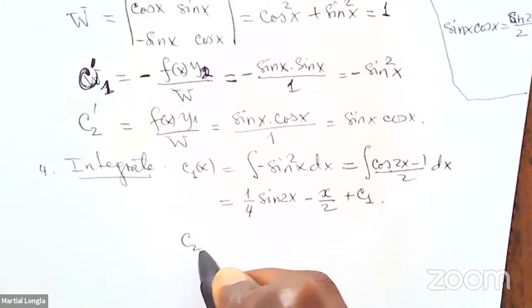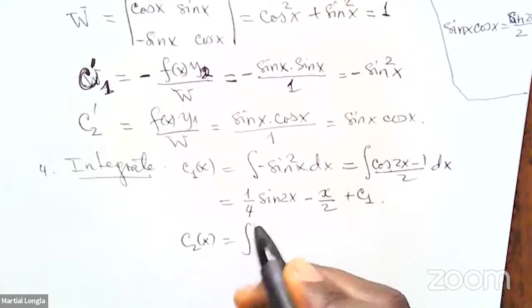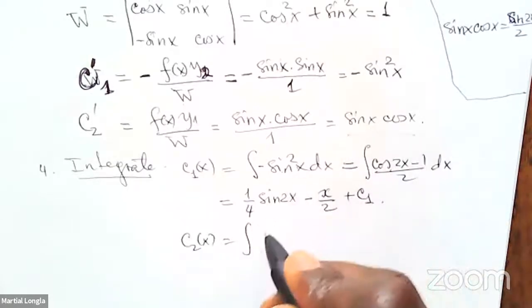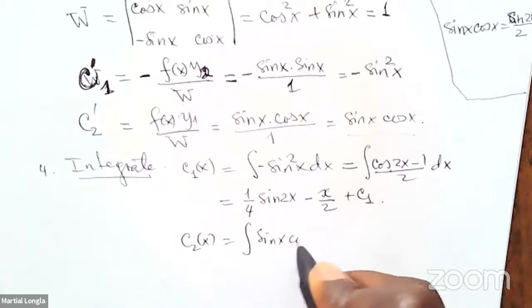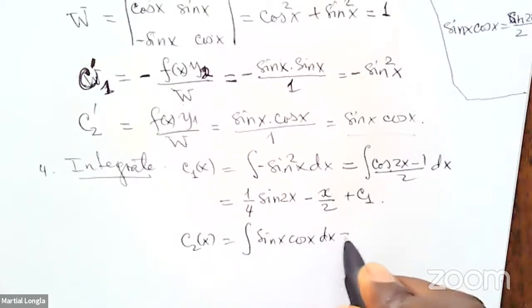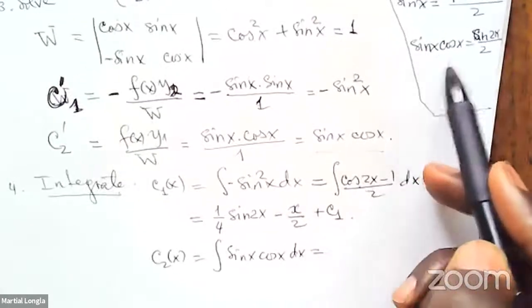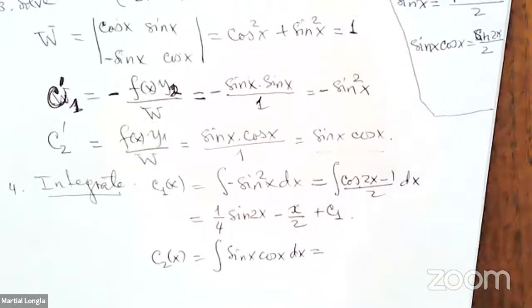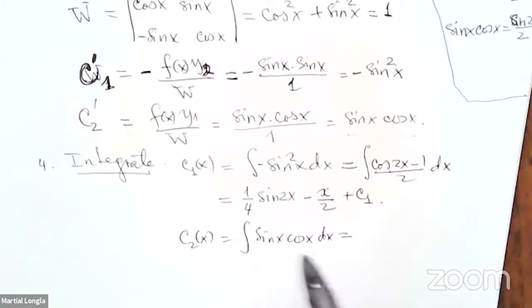And then C2 of x is the integral of sine x cosine x dx. I can use this formula also to bring it to sine 2x before integrating, but I just leave it like that.